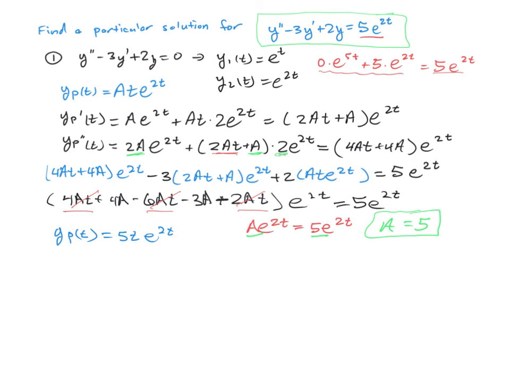And therefore our general solution is y of t is c1 e to the t plus c2 e to the 2t plus 5t e to the 2t. And just like before, you will notice that these three terms are linearly independent, and therefore we have our solution of our inhomogeneous equation.